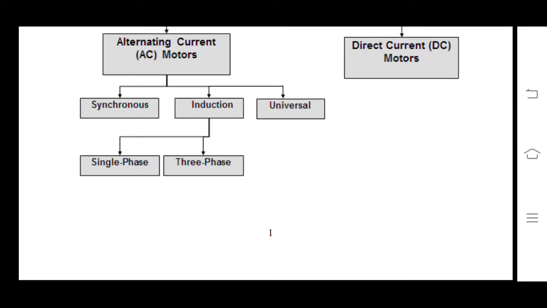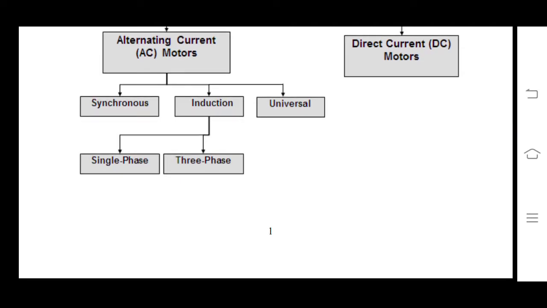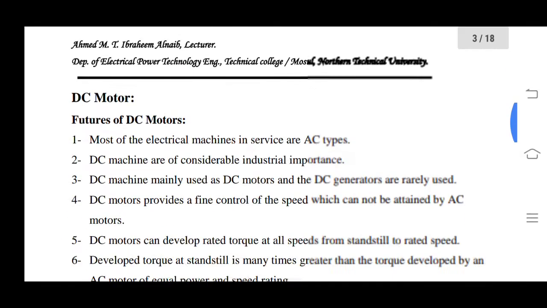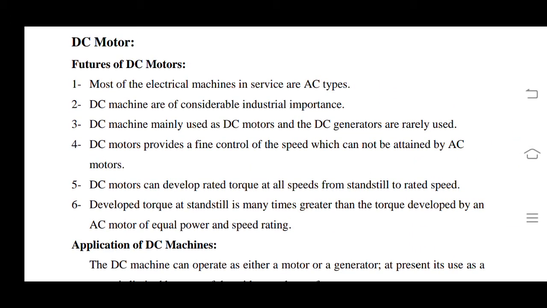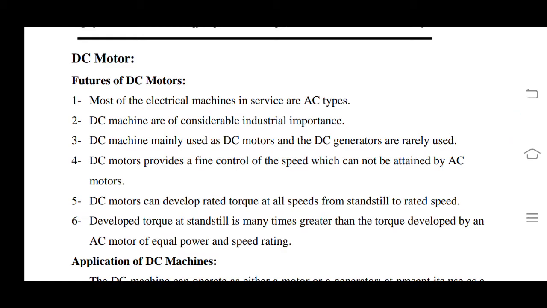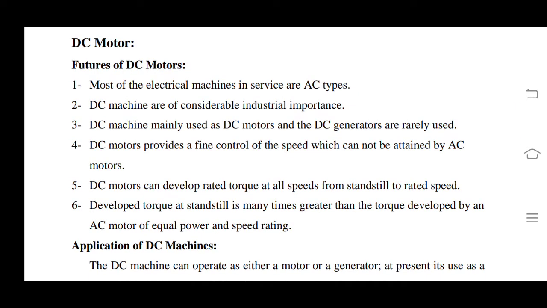A direct current machine is the DC motor. So the topic is the DC motor. Features of the DC motor: most of the electrical machines in service are AC type.